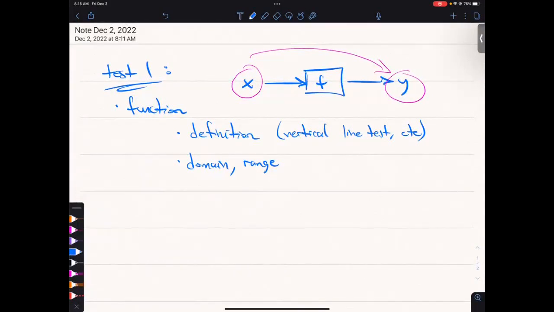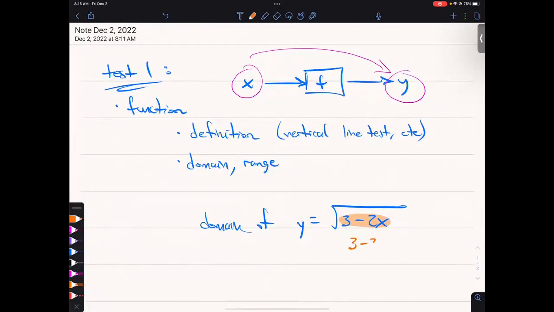So if you're taking the domain of something like that, whatever else happens, this has to be bigger than zero, right? The radicand, the stuff inside, can't be negative because it's a square root, and the square root of a negative is not a real number.